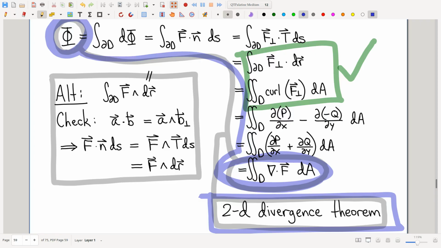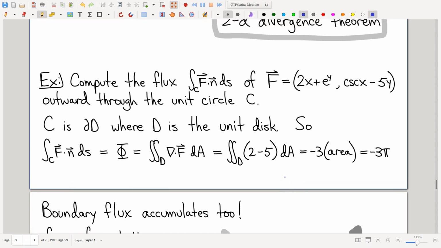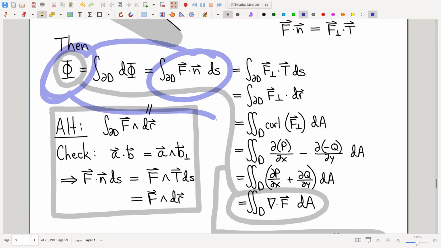Okay. Let's do one. Question says compute the flux. Now, it says integral F dot N ds. Okay, well, sure, integral F dot N ds. And that is, again, just one way to write flux, which we are going to compute as a double integral with divergence.